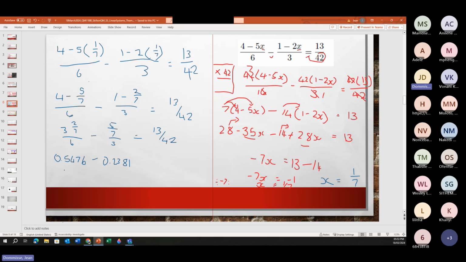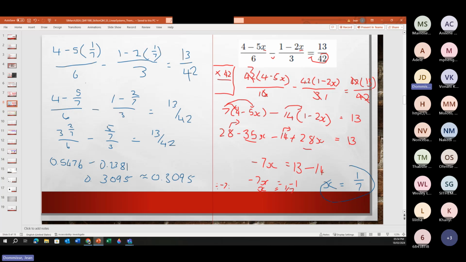So let's check what 0,5476 minus 0,2381 is. Yes, we will get an estimated number, but that is fine. And let's see if we divide 13 by 42, we also get 0,3095. So again, we just checked if the 1/7 is correct.